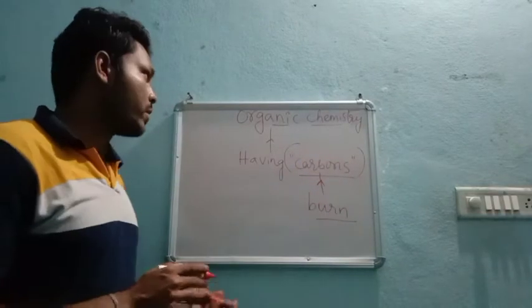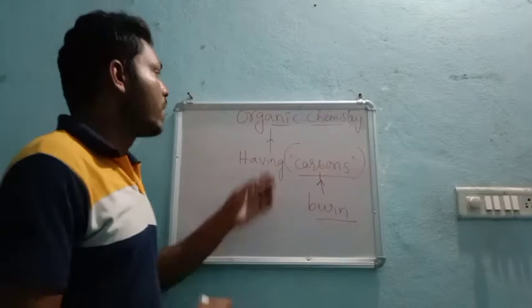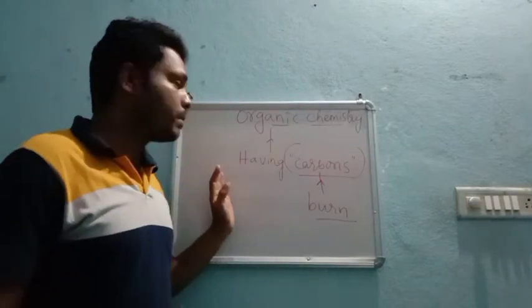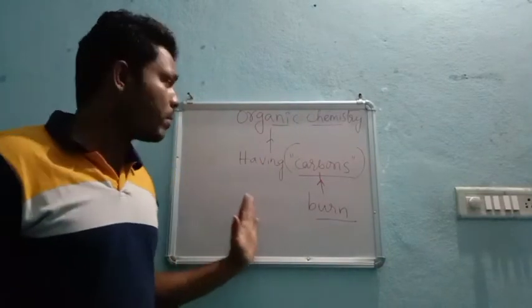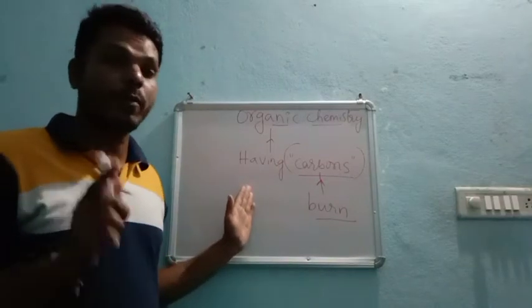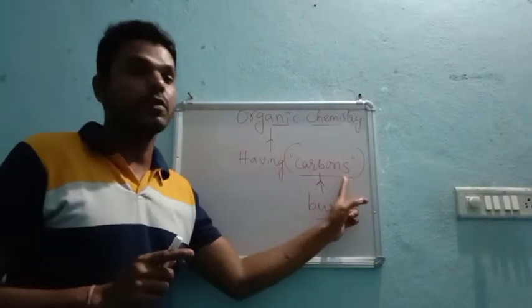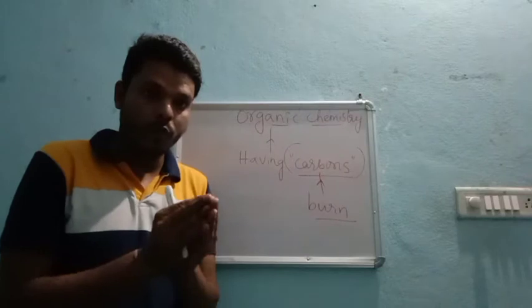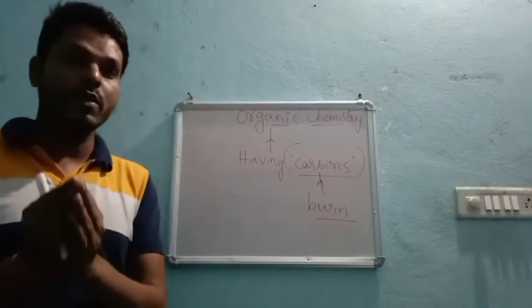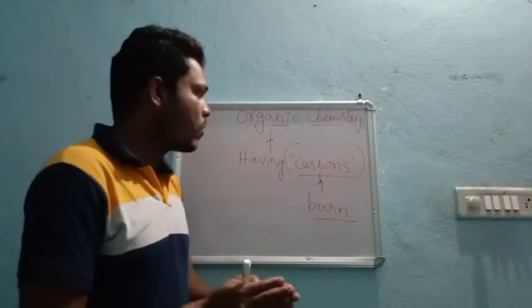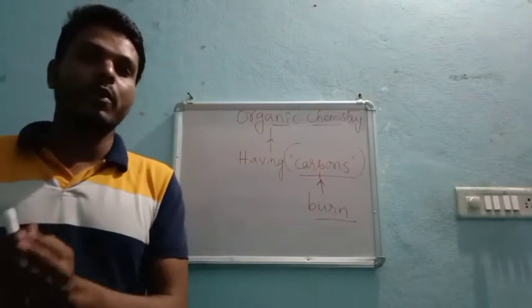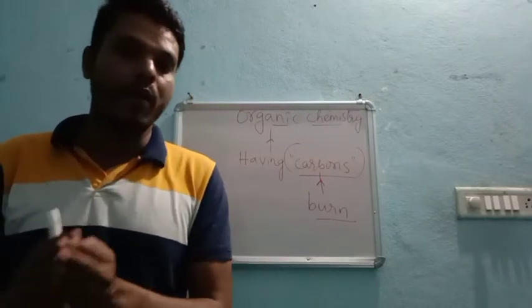This is very important. What we saw till now is that organic chemistry is the branch of chemistry which deals with the study of compounds having carbon, and the compounds having carbon are called organic compounds. Now, how do we identify whether a particular thing has carbon or not?